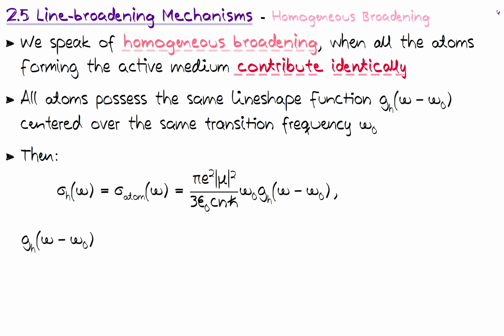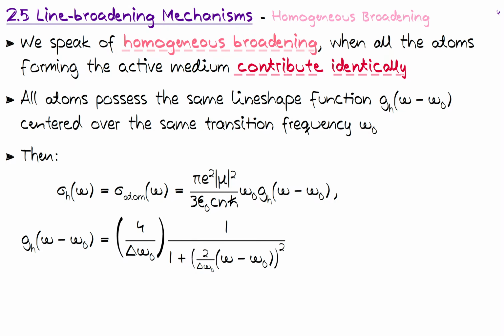Here g_H, instead of a delta function, is actually something else. In the simplest case of homogeneous broadening, this line shape function is of the form of a Lorentzian line shape. So we have 4 over delta omega naught, which is the width of our line shape function, and then the fraction 1 over 1 plus 2 over delta omega naught times (omega minus omega naught) squared. Essentially this is a Lorentzian line shape function.